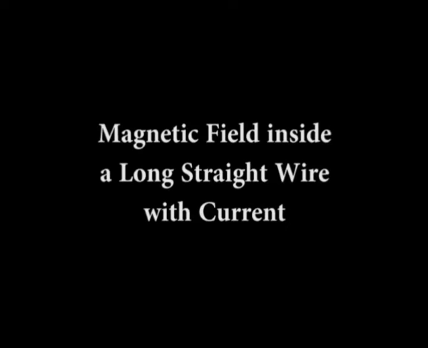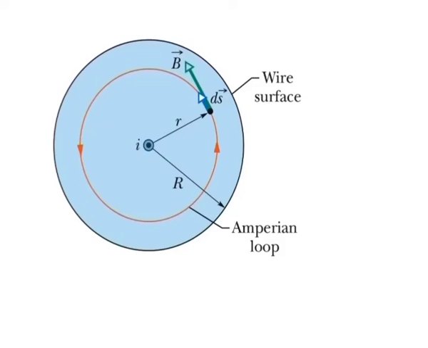Magnetic field inside a long straight wire with current. Figure shows the cross section of a long straight wire of radius R that carries a uniformly distributed current I directly out of the page.